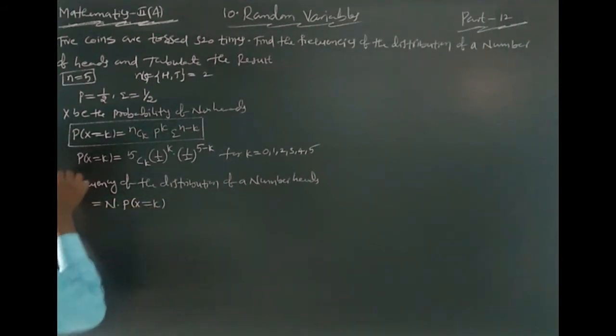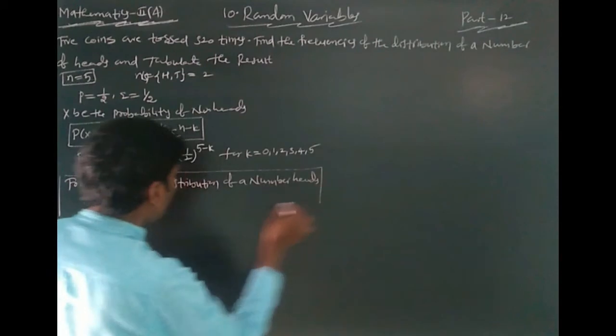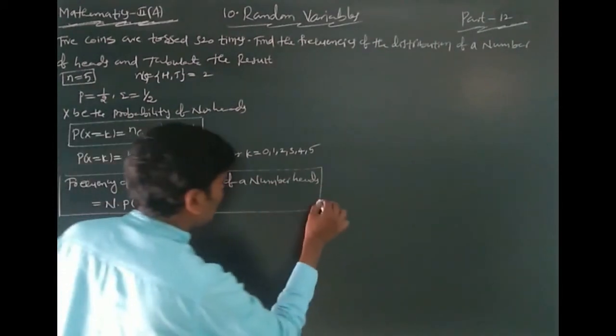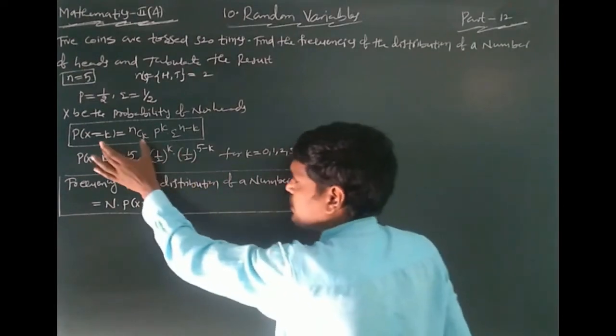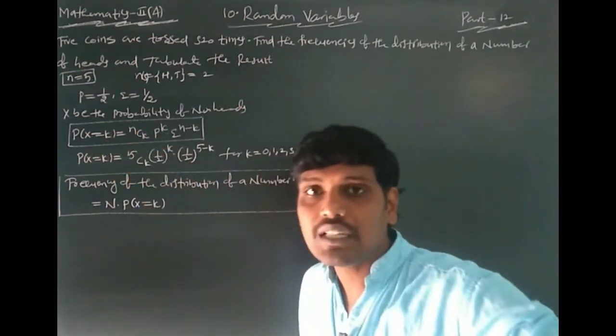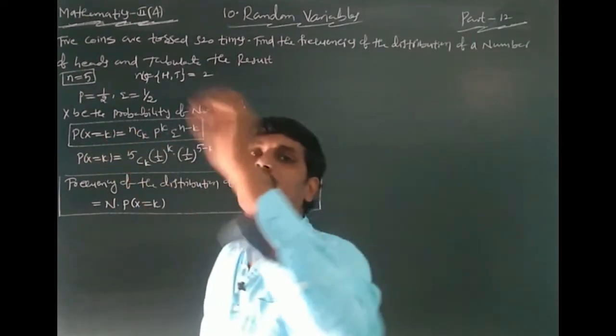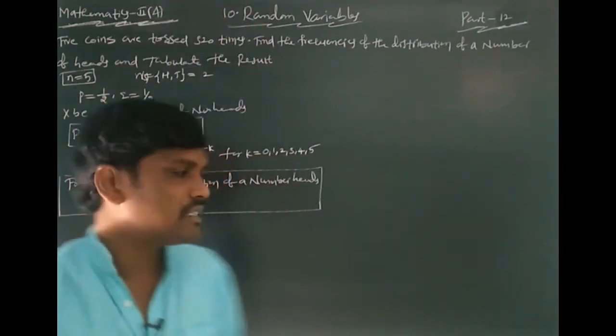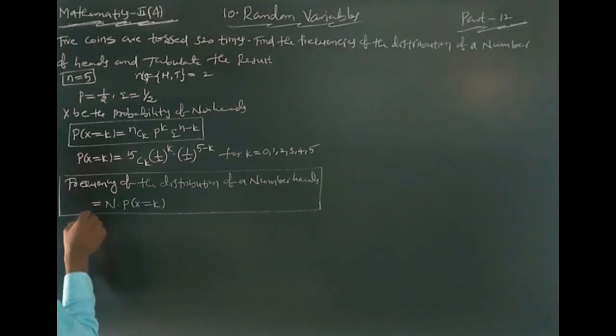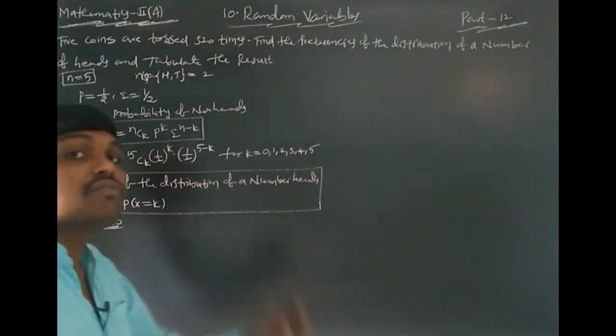This is the formula for the frequency distribution of the number of heads. Frequency is nothing but how many times the coins are tossed, here 320 times. The capital N value is 320. Understood or not? This is the frequency.